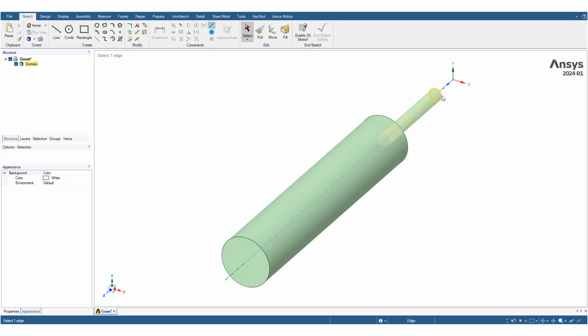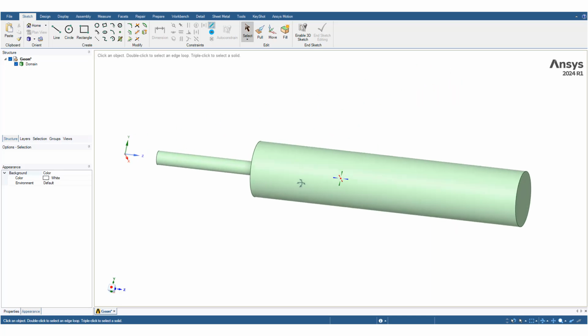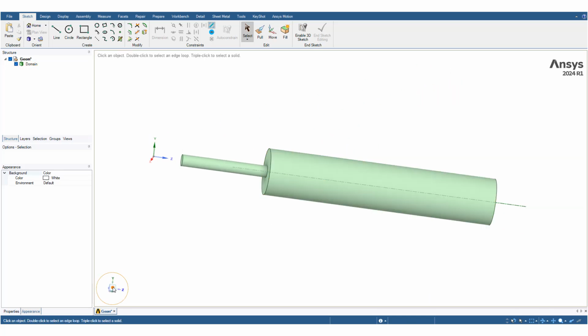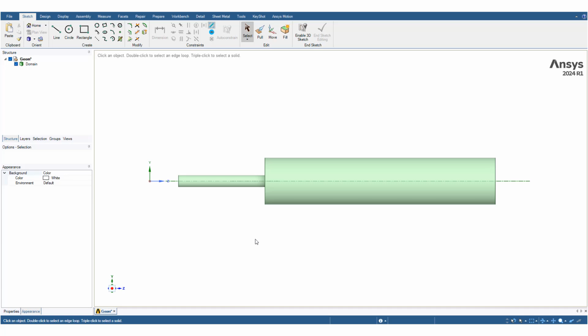For the smaller part, the radius is 50 millimeters, and for the larger part it is 200 millimeters. So the ratio between the radii is 1 to 4, and each part is long enough that we can have fully developed flow.